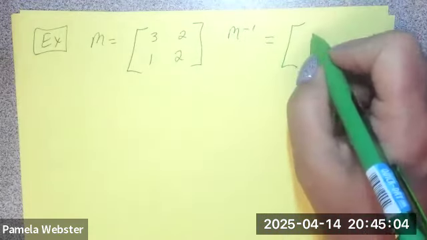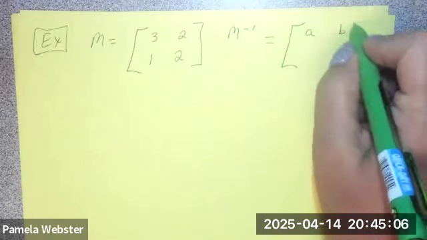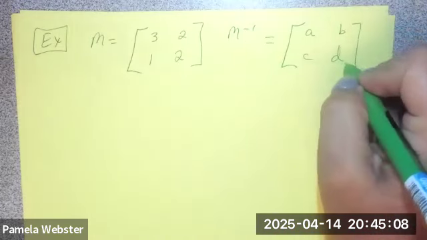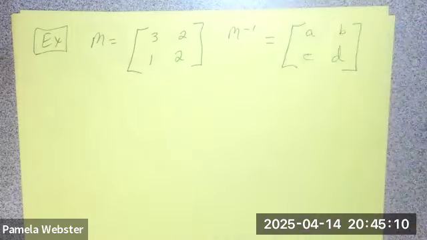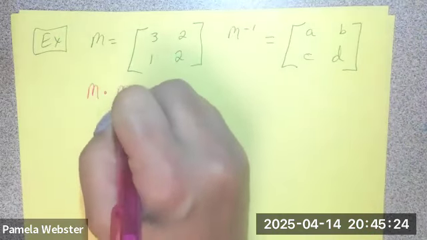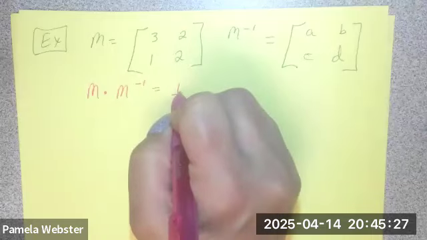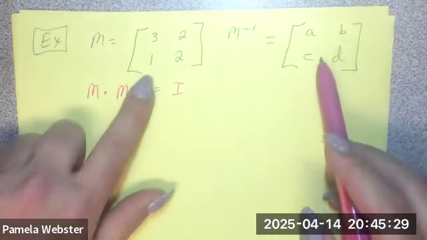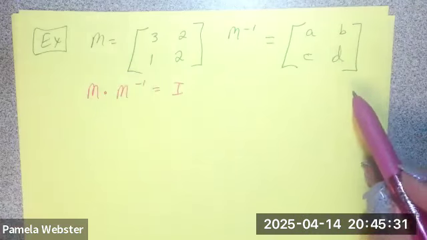M inverse, we're going to call it A, B, C, D. So what we're going to have to do is figure out what the A, B, C, and D are. How do I do that? Remember, M times M inverse is going to get me back the identity. And these are both 2 by 2, so I can do this.